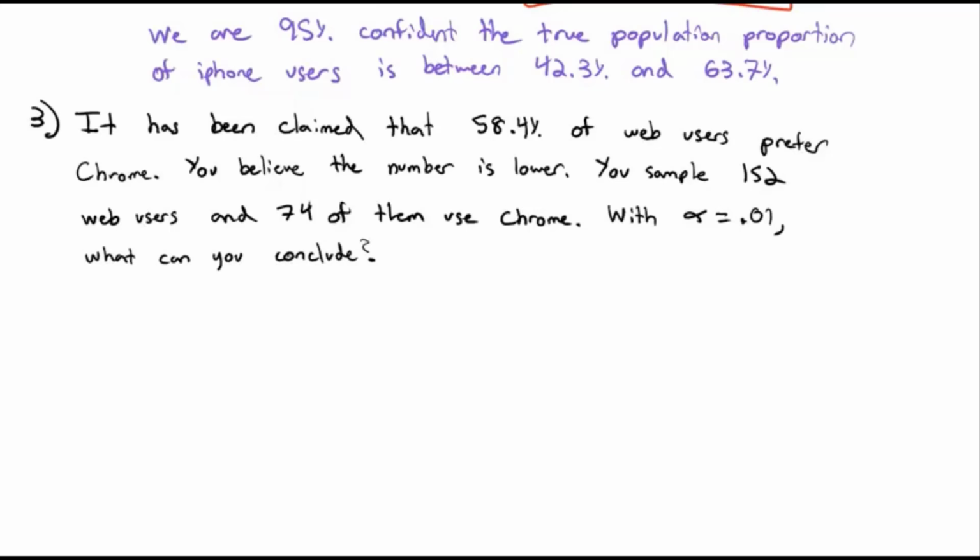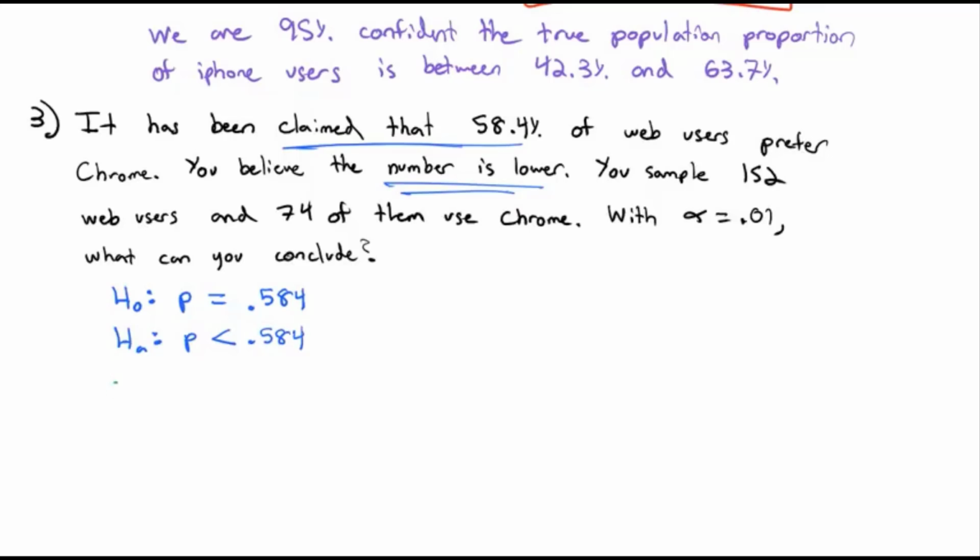Well, like before, let's start with our hypotheses. The null hypothesis is that the proportion equals what they claim it equals. The claim is that it equals 0.584. The alternative hypothesis is based on what you're trying to show. And this time, we're going to try and show that the actual number is lower, that the proportion is less than 0.584.